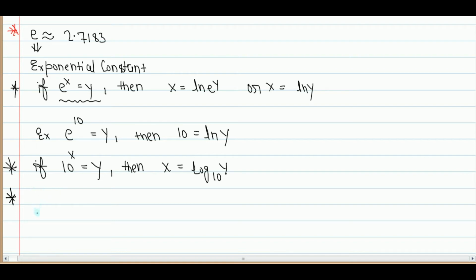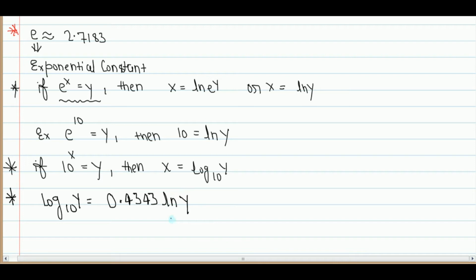So you know, you can write log y to the base 10 in terms of log y to the base e. You just need to do one thing: 0.43 will get multiplied by ln y.